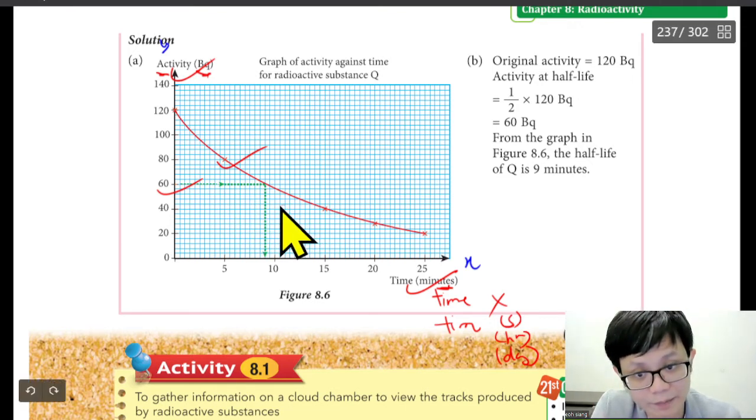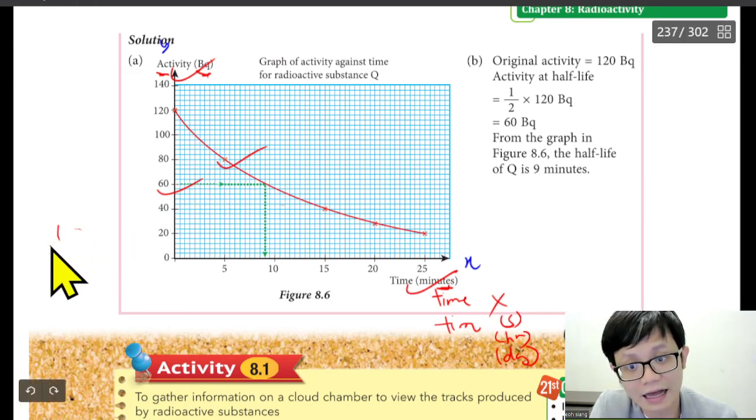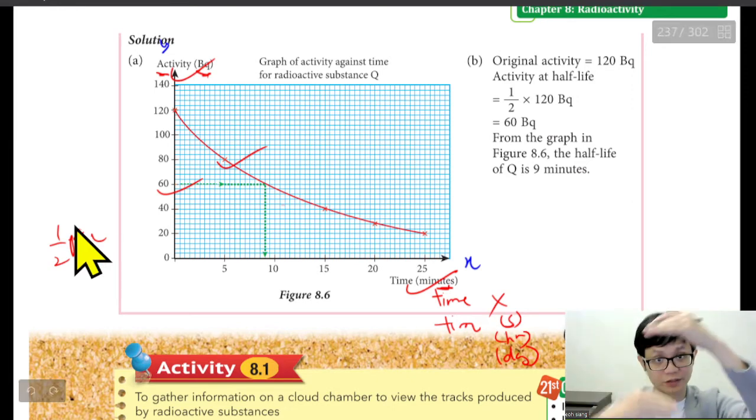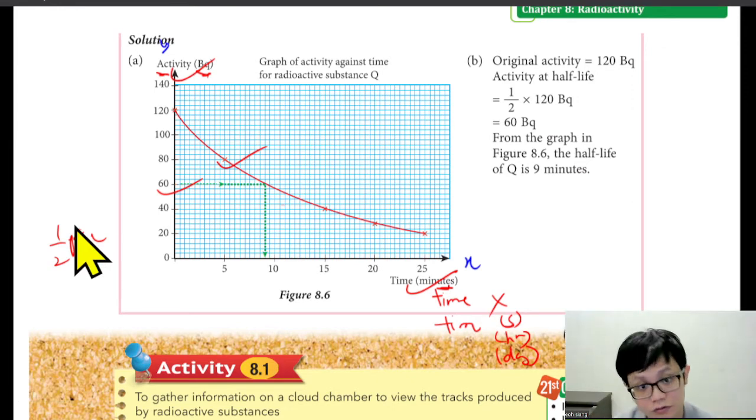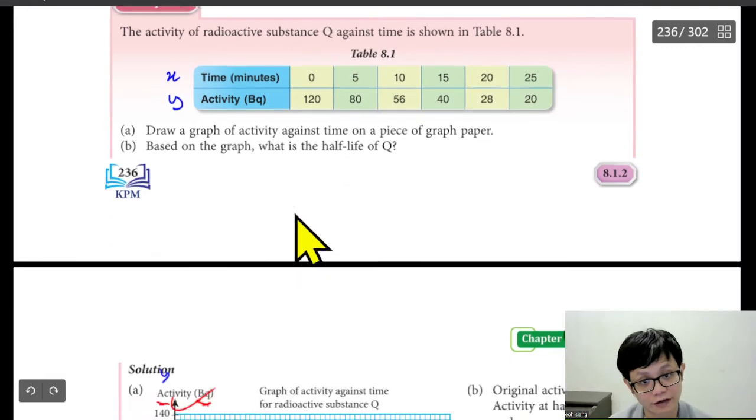Remember in exam like mathematics, your graph must be at least half a page or big. The graph must be very big. If they ask you to draw it on graph paper, they will give you graph paper.